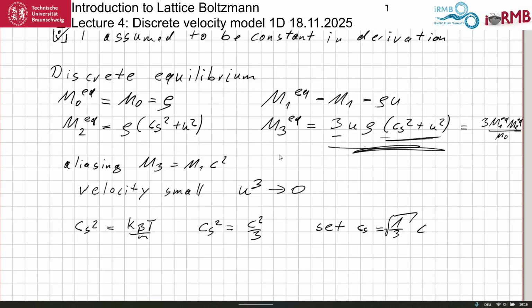Okay, so this is about the moments, and now we would have to write all of this in terms of populations. So we have to translate between populations and moments. And here, for simplicity, I'm now using c equal to 1.